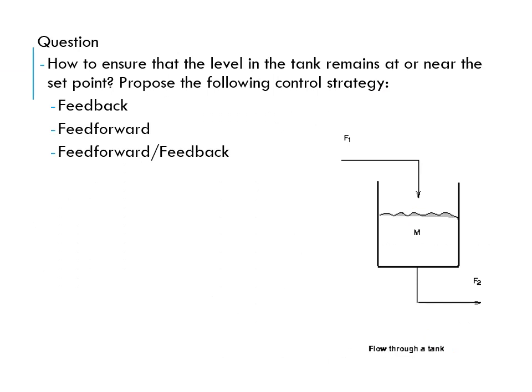To enhance your understanding of the other types of controller, try to solve this question. Basically, the question is to ensure that the level in the tank remains at or near the set point. So you need to propose the following control strategies in the system.